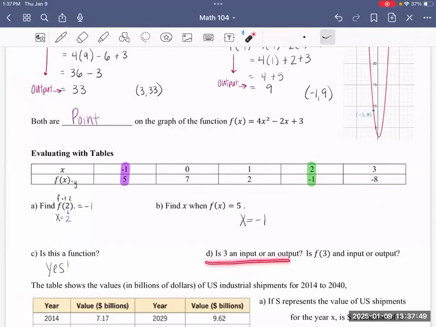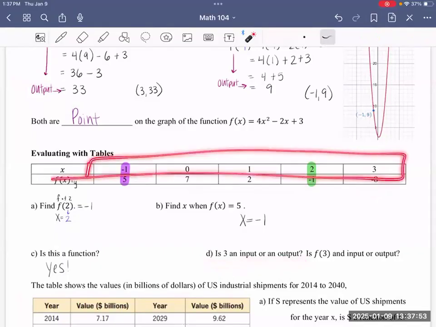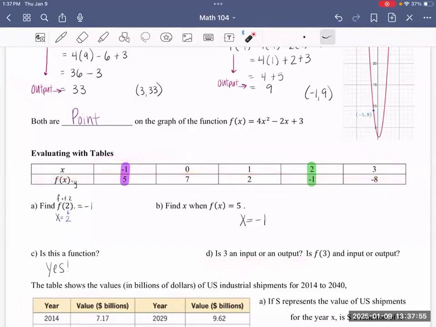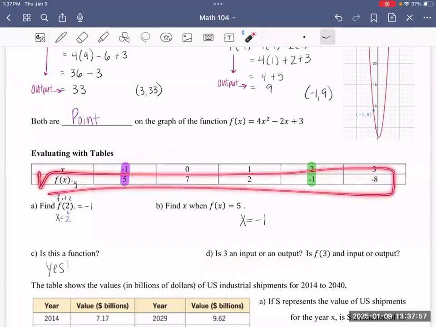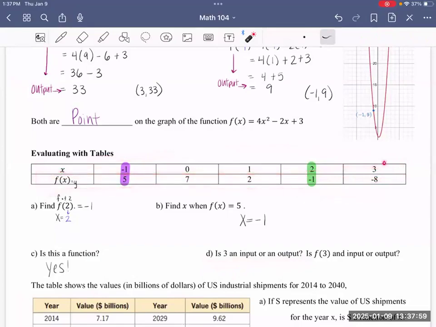Now D says, is 3 an input or an output? So up above here, or down below here should be 3. Well, 3 being here is your x value, therefore it's an input value. And then in this notation, f of 3, that is just exactly how we said this part, right?